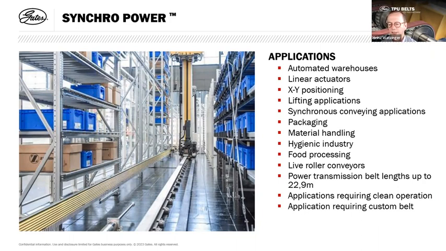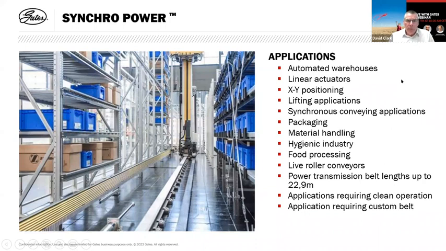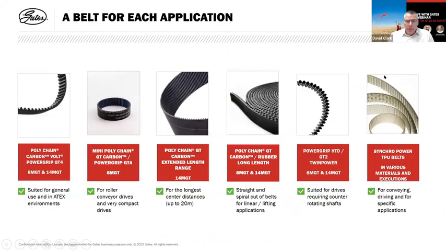The abrasion-resistant thermoplastic polyurethane body, usually on standard drives or standard conveyors, does not require the polyamide fabric on the tooth side, but it's still available optionally when you have to reduce the friction or increase the abrasion resistance of the tooth and or of the backside.